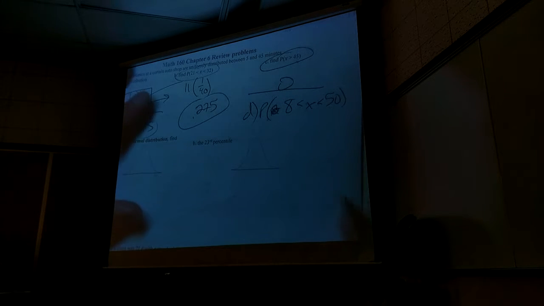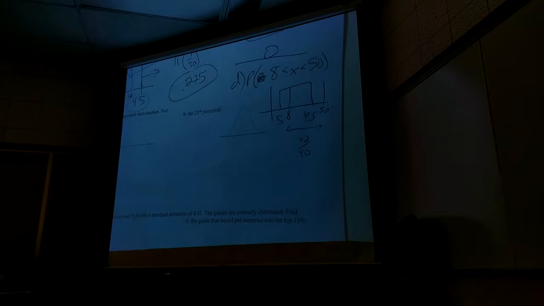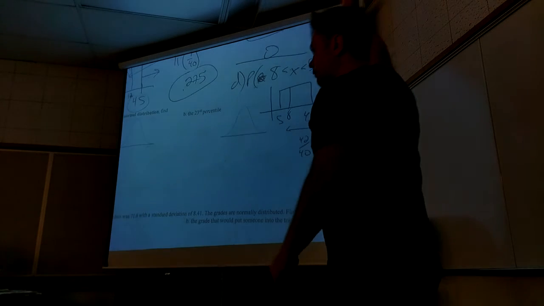Well, now look. So if I said 8 to 50, let me draw this again. Here's 5, here's 45. So if I go 8 to 50, I can't just do 42 out of 40 for a couple reasons. One is that's not the width that's in my distribution. My distribution stops at 45.